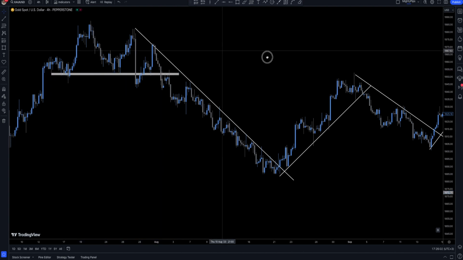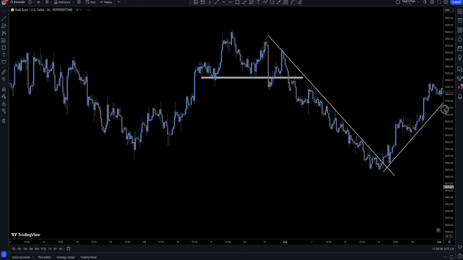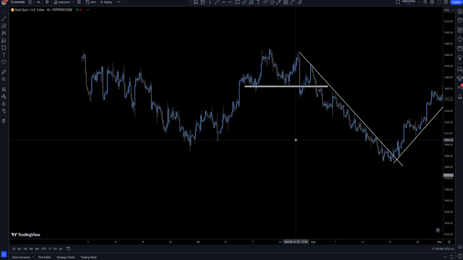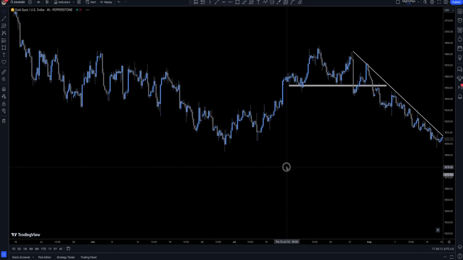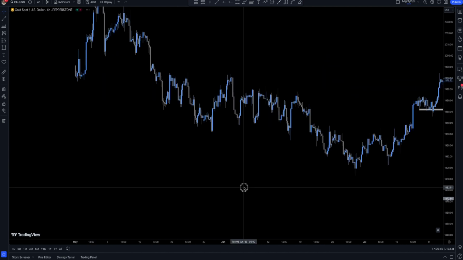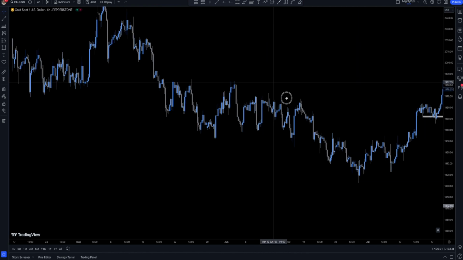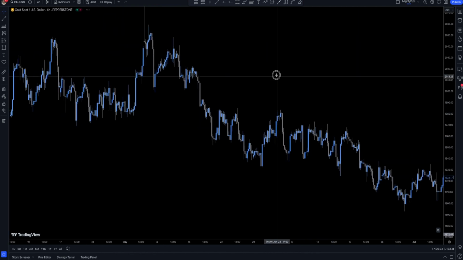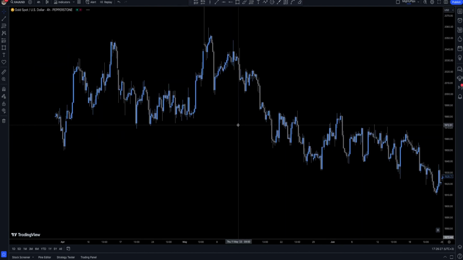Okay, then there are breakouts according to chart patterns. Let me show you maybe a chart pattern breakout. Let me get one chart pattern that I can show you a breakout on. Where can we see a good chart pattern so that I can show an example of that breakout?